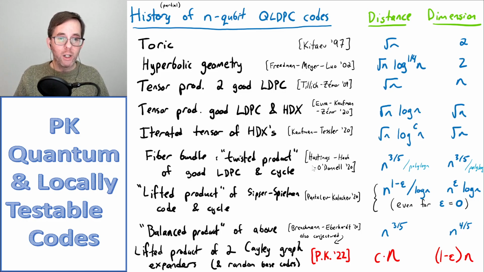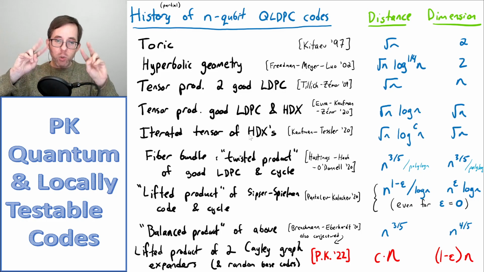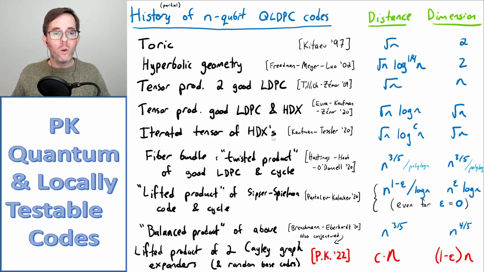Then I also had some work in the same year, joint with Matt Hastings and Jeongwan Haah, where we showed a different, twisted product or fiber bundle code that you could get out of one classical LDPC code and one cycle code, which could achieve distance that substantially broke the root n barrier.